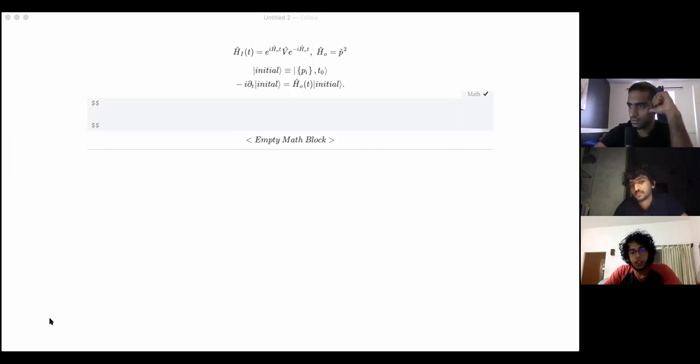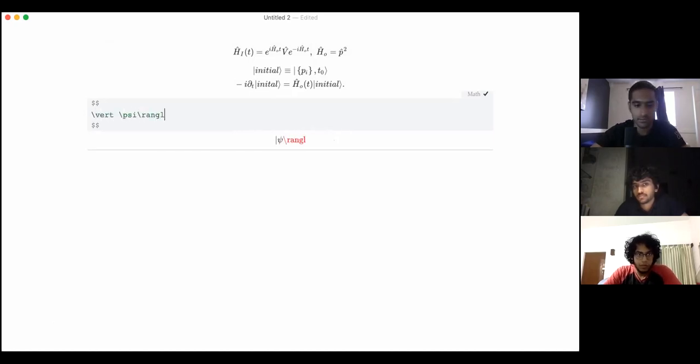So let's see if we can actually get to the bottom of where the interaction picture comes from. What do you want to do to make this the solution of the Schrodinger equation? The structure has kind of been laid out for us: the fact that there's this e power minus iHt encourages me to consider states of this form.